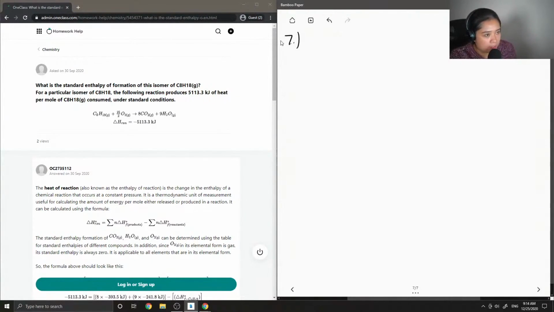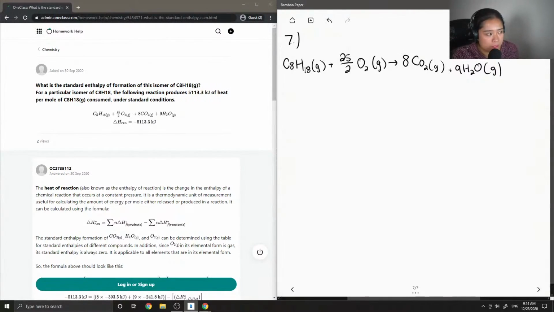And then they give us the balanced equation, so I'm going to write down the same thing. Octane gas plus 25/2 oxygens makes 8 carbon dioxides plus 9 H2O gas.